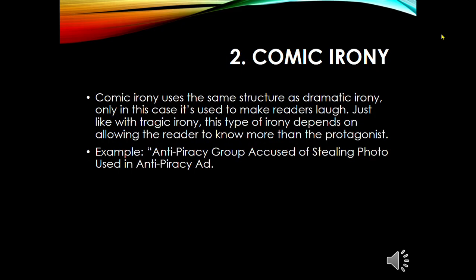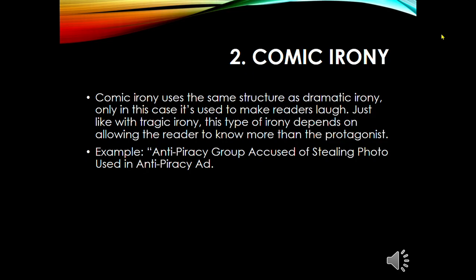Second one is comic irony. Comic irony uses the same structure as dramatic irony, only in this case it's used to make readers laugh, just like with tragic irony. This type of irony depends on allowing the reader to know more than the protagonist.